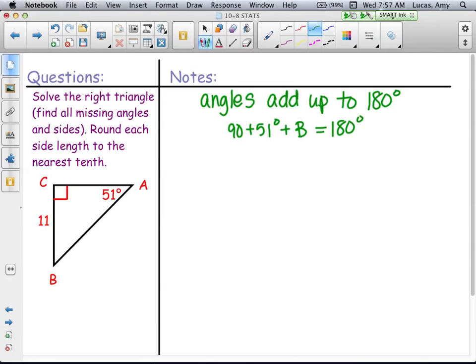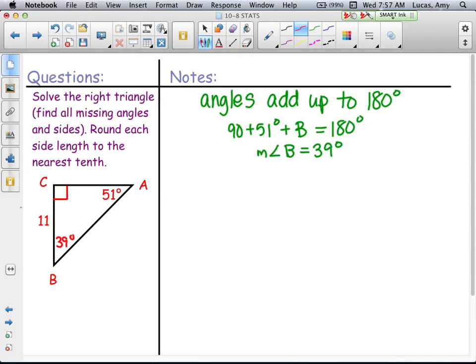So, 180 minus those 2 angles that I know would leave me with 39 degrees for angle B. So, this angle is 39 degrees.